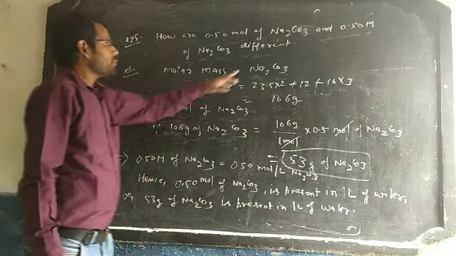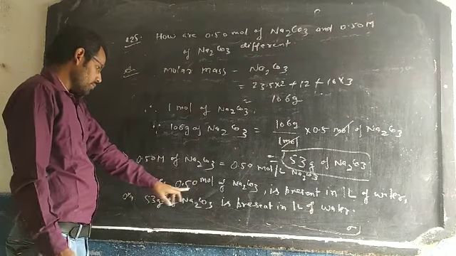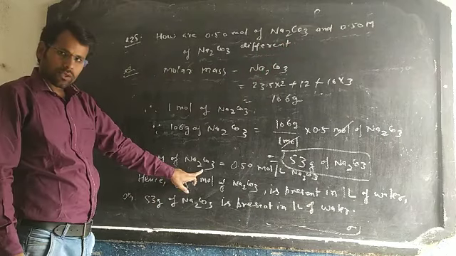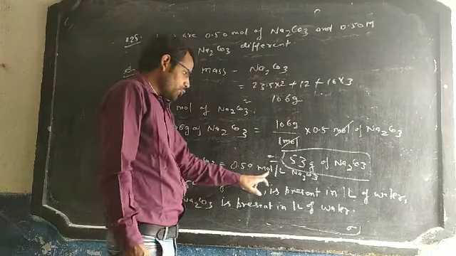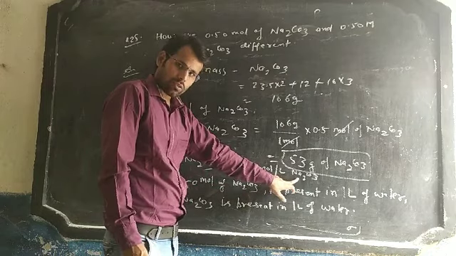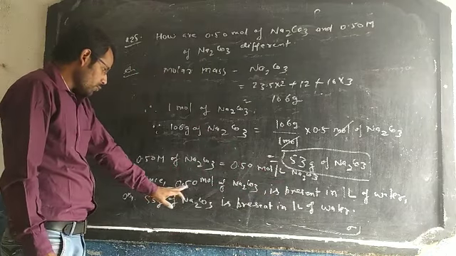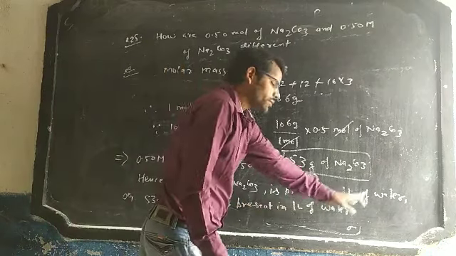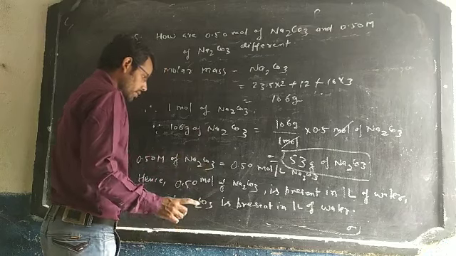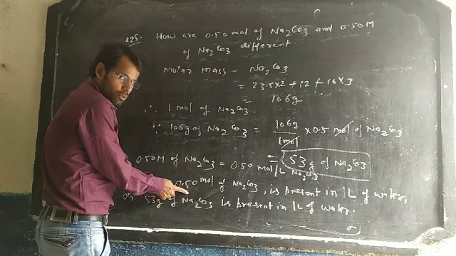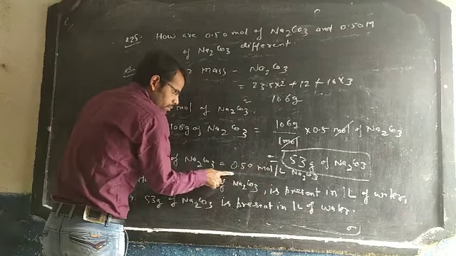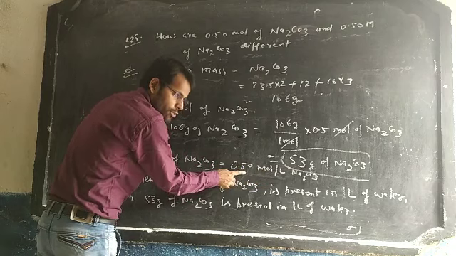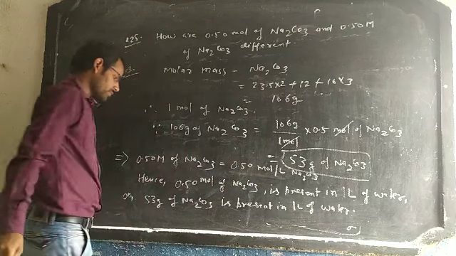So 0.50 molarity, capital M, of Na2CO3 means 0.50 mole per liter of Na2CO3. It means 0.50 moles of Na2CO3 are present in 1 liter of water. How many moles will be in 1 liter of water? 0.50 moles.